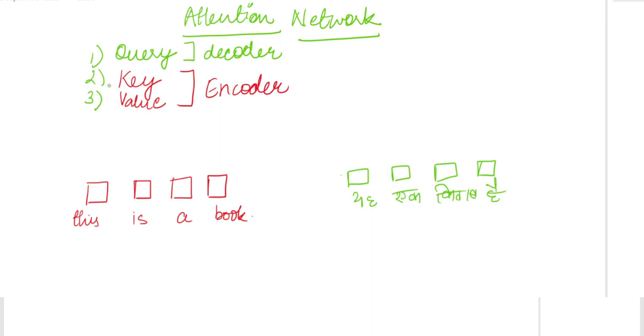To generate the first word, or the second word, how does this work? First, every input has a key, a value, and a query.